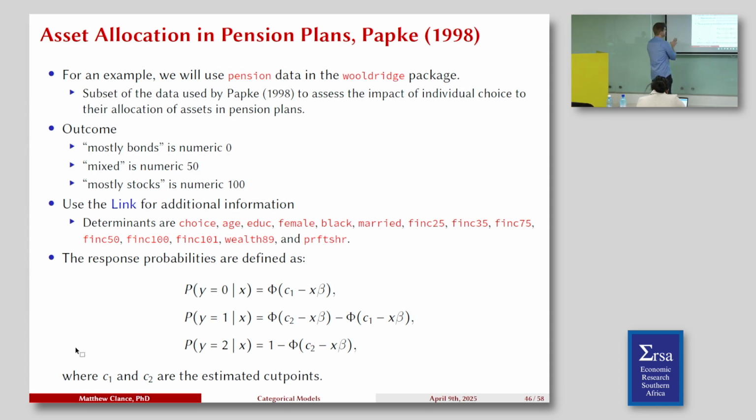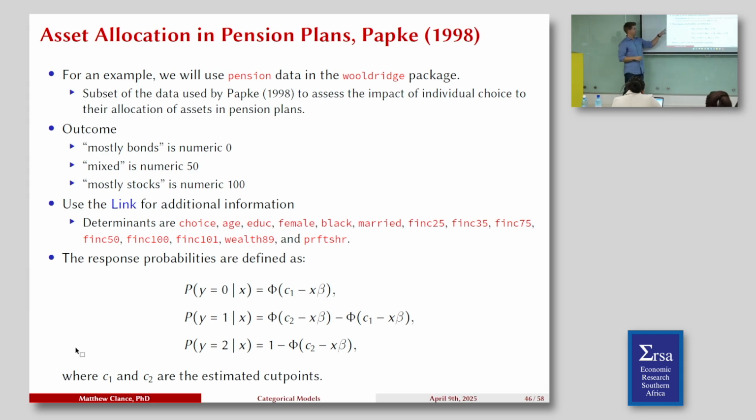Age, education, and then we have a lot of characteristics: female, black, married, financial conditions, and also wealth in 1989, and I'm forgetting what this last one was, the PRT. But it's not our primary variable of interest. In this case, it's the choice.